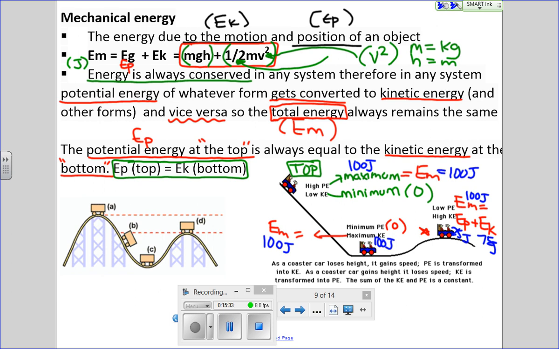The total is always 100. It's just how much I have of each type that is changing. So something I would ask you to do on a test as a written question would be not to calculate something like this, but to explain, with words or with a picture, what's happening.